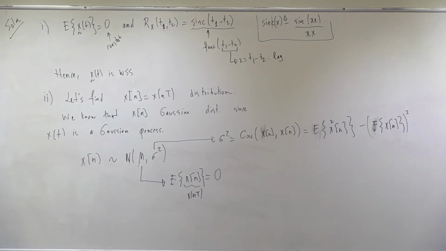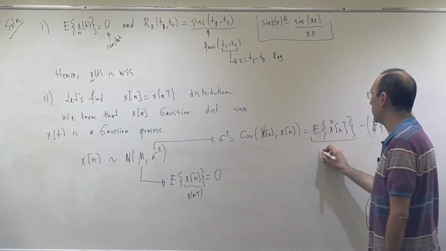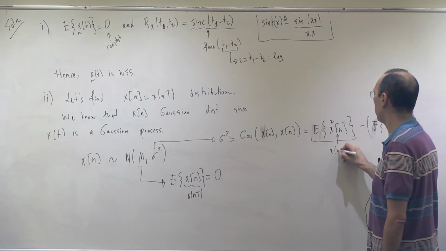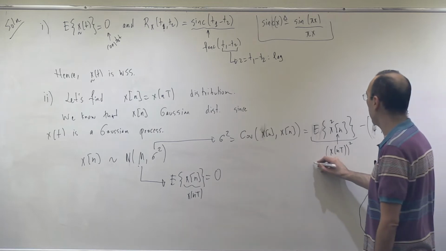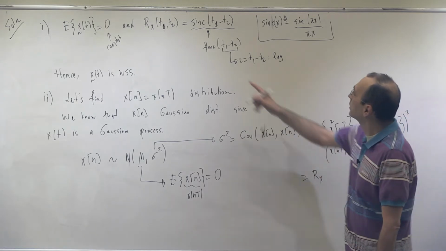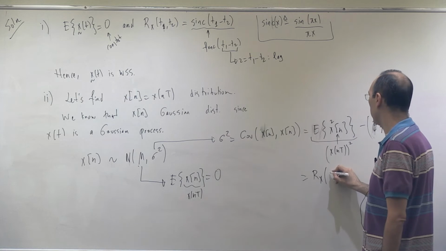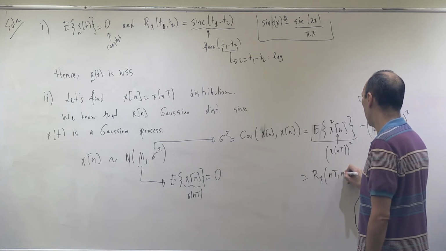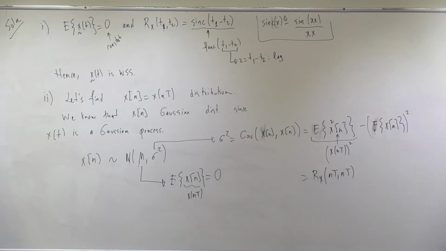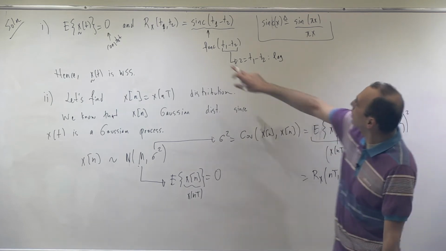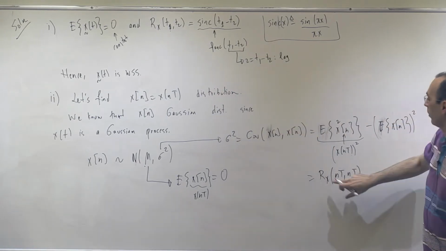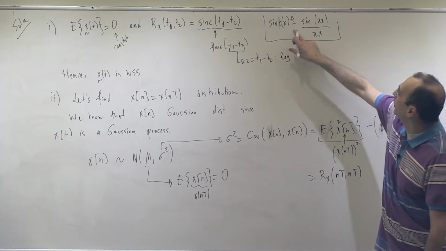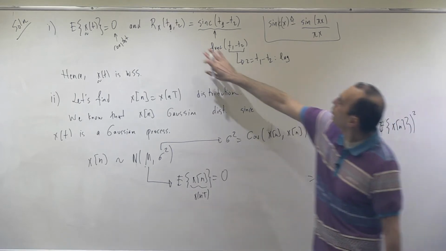So how about this one? Since this is the expected value of x of nT squared, you see that this is also equal to Rx function evaluated at nT comma nT. That is it, just by the definition, because for any t1, t2 value, the expected value is a function like that. But how about when these two arguments are the same?